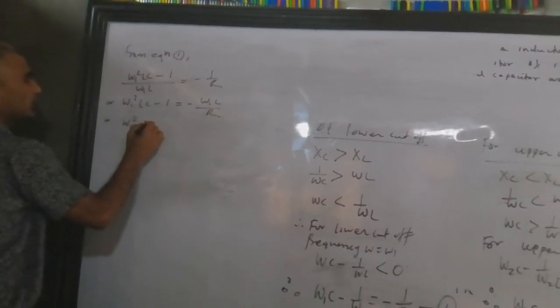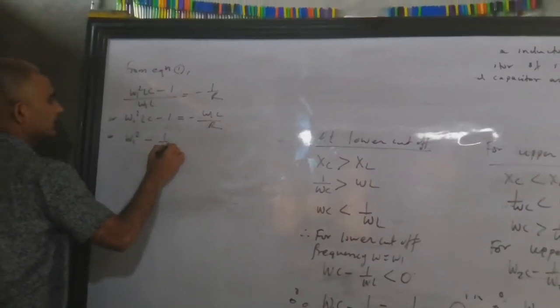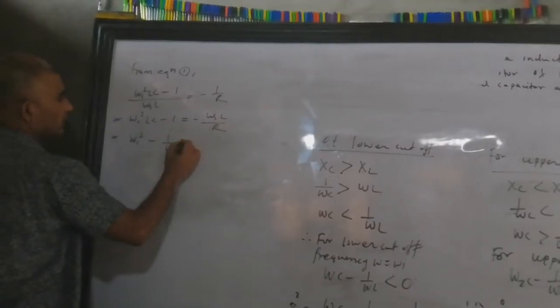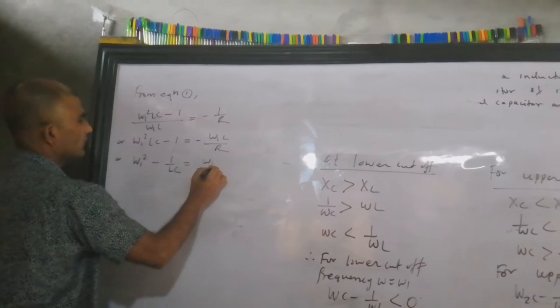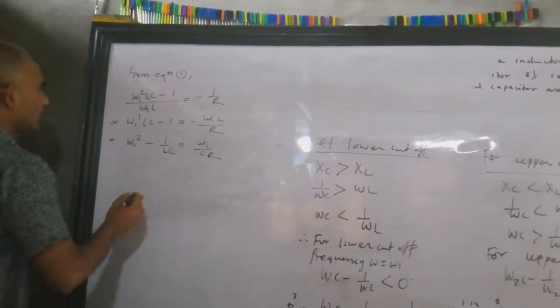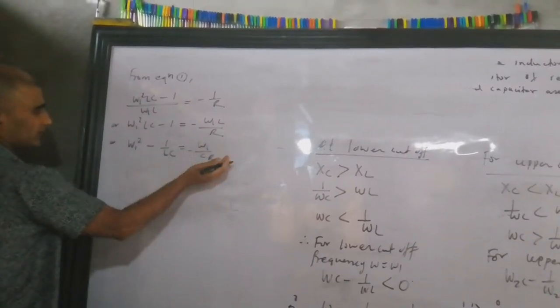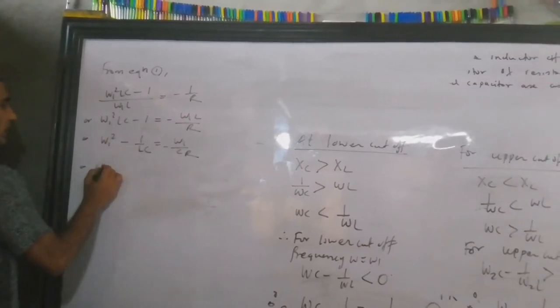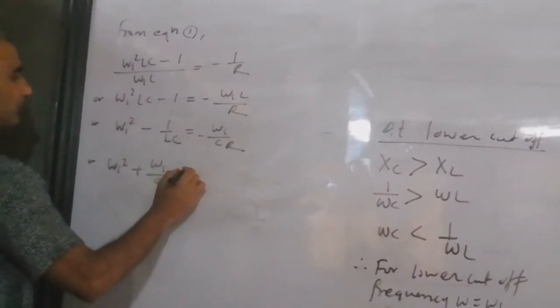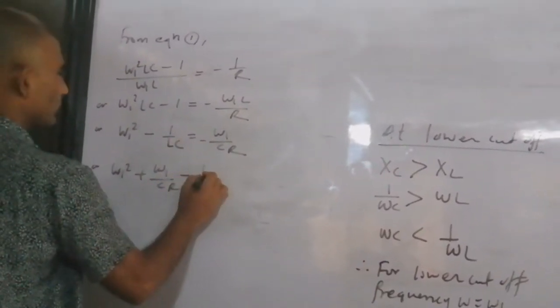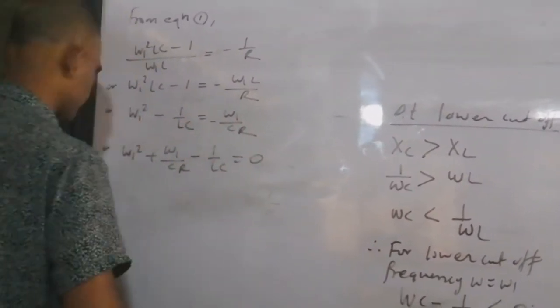So I get omega 1 squared minus 1 by LC equals minus omega 1 upon CR, since the L is gone. Let's bring this term to this side: omega 1 squared plus omega 1 upon CR minus 1 by LC equals 0.